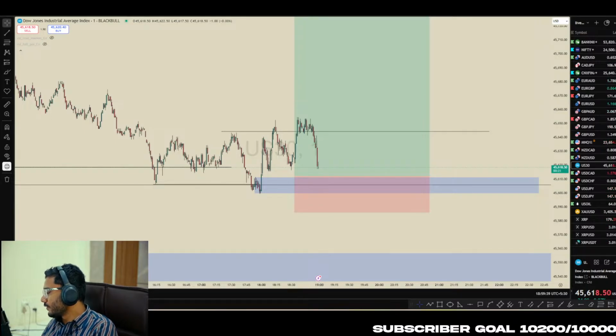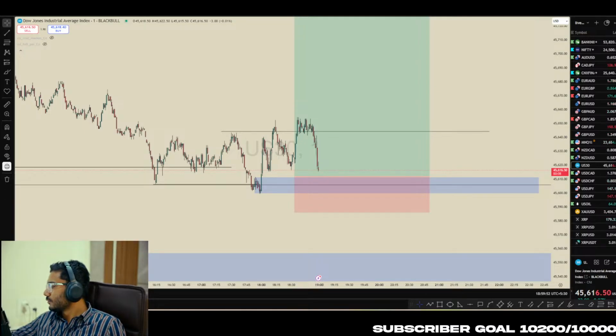Wait for price to engulf, then only look for entry.